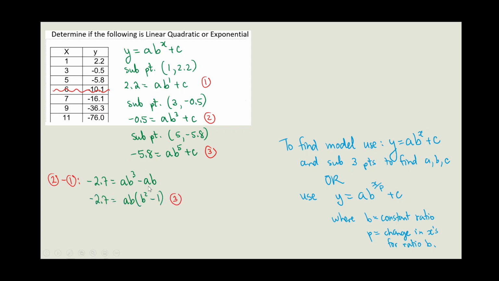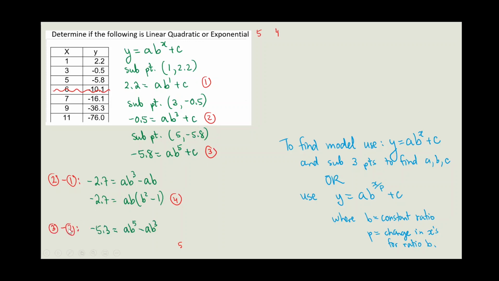We can call this equation, oops, I should have called it equation number 4. Let me fix that. So now this equation number 4 has only 2 unknowns, a and b. We would like to have another equation with just a's and b's, and so we will eliminate c from another pair. So 3 subtract 2.